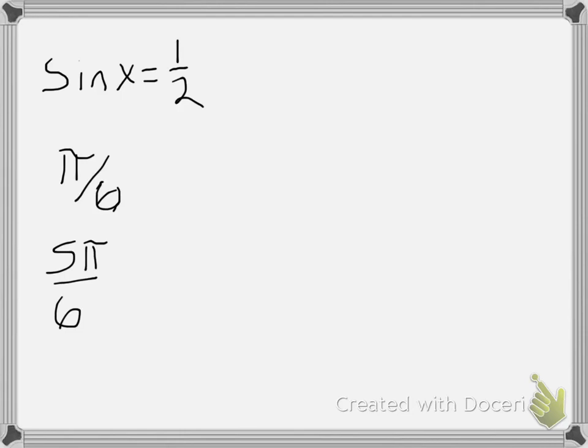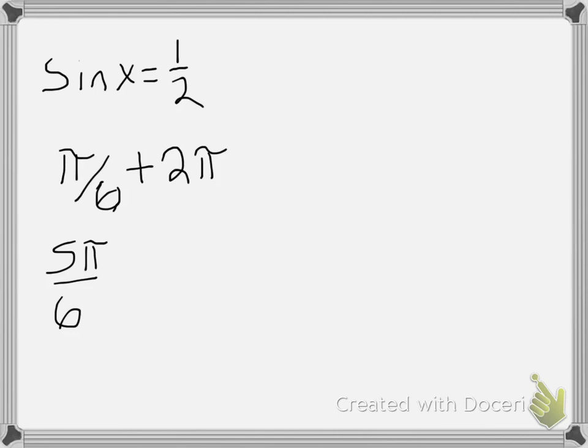If I were to add 2 pi to pi over 6, that would be 13 pi over 6. That's a solution, okay? It doesn't happen to be between 0 and 2 pi, but this is a general solution.